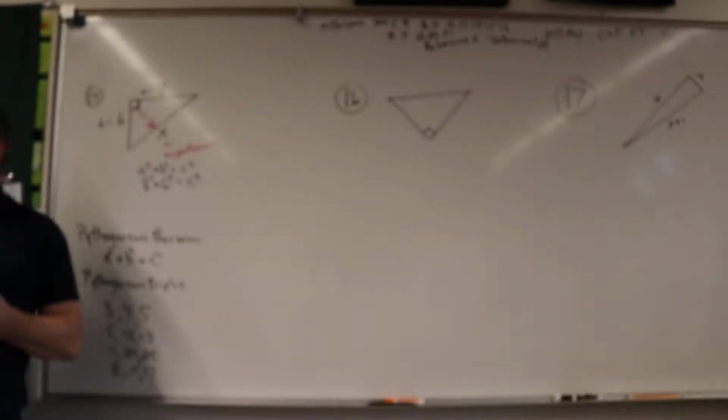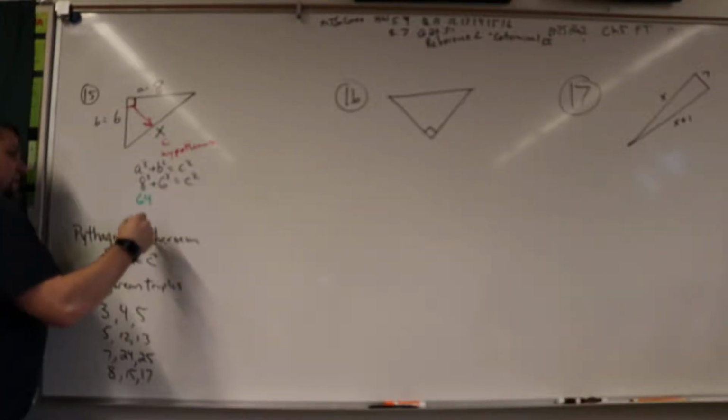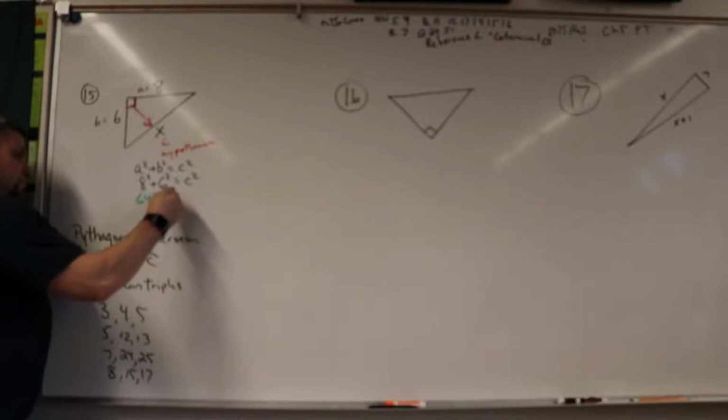What's 8 squared? 8 times 8 is 64. 6 times 6 is 36. So 100 is equal to C squared.